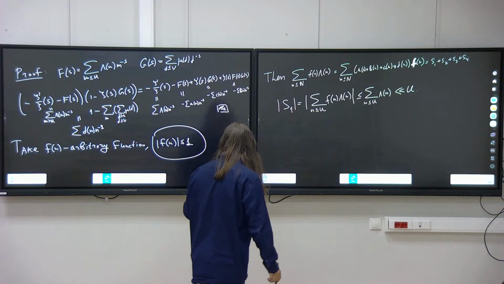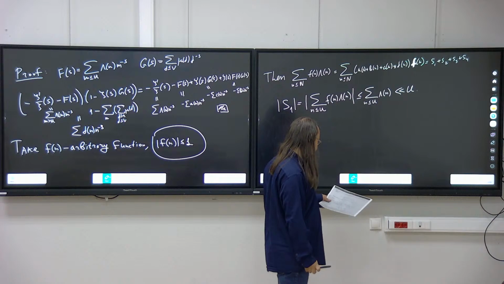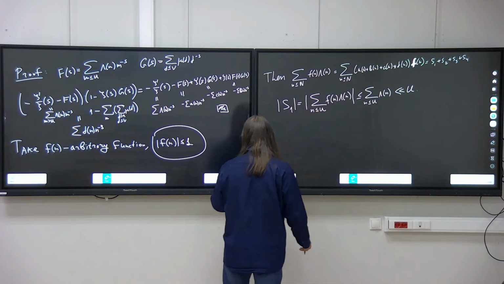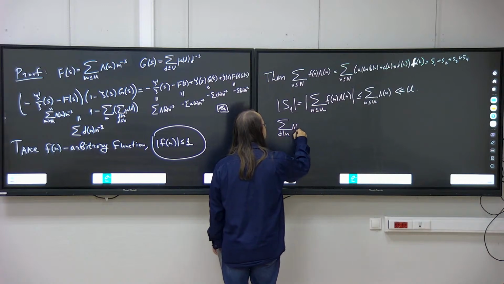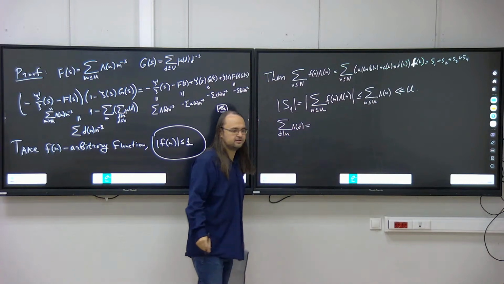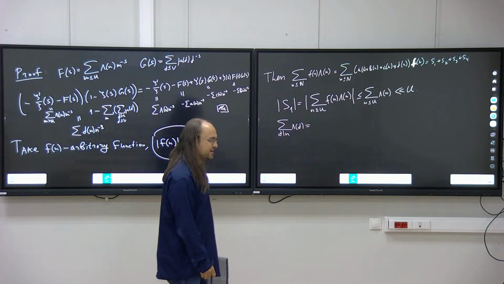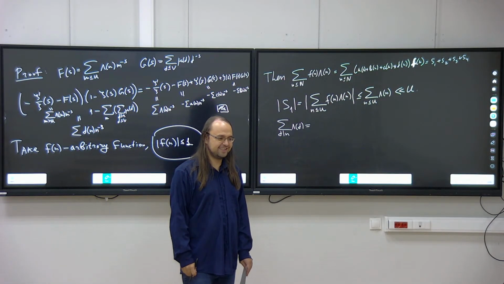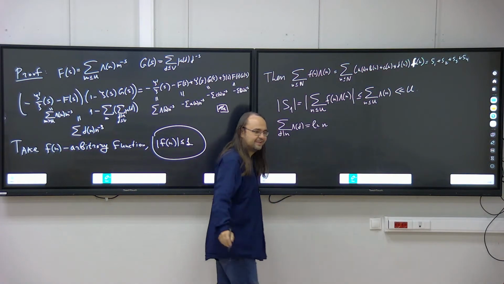Now let us estimate S2. So we know that the sum over all d dividing n lambda of d is equal to what? You should know this, by the way. This is actually equal to logarithm of n.